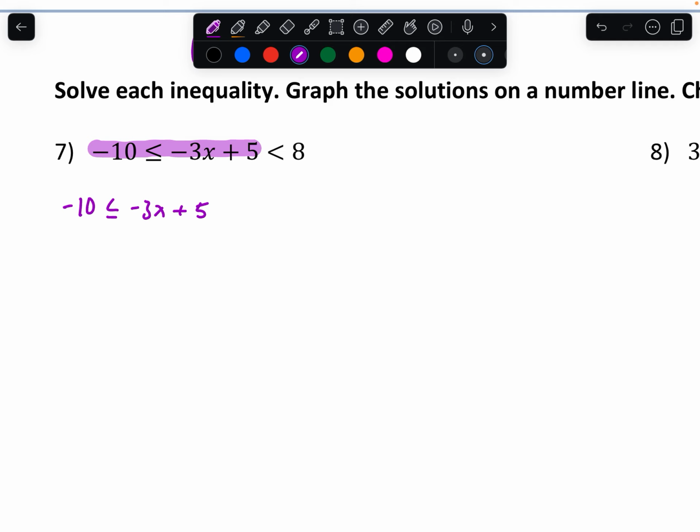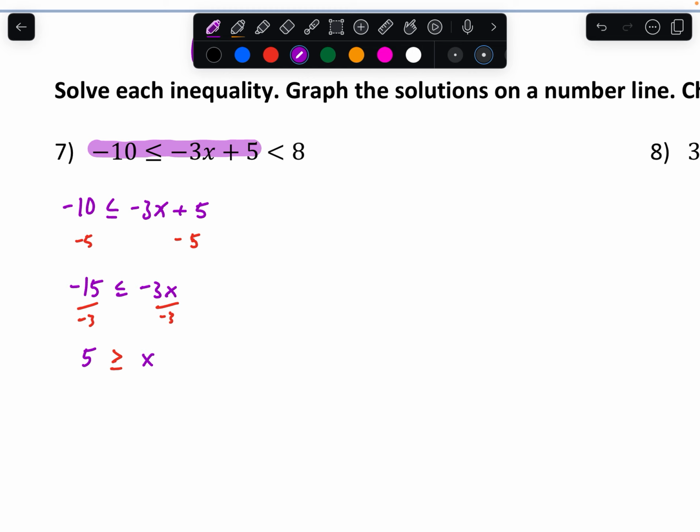Minus 5 minus 5 gives me negative 15 is less than or equal to negative 3x. The symbol did not flip because I just subtracted 5. And then I divide by negative 3. Watch out for this. So that gives me positive 5. Flip the symbol around. Is greater than or equal to x.